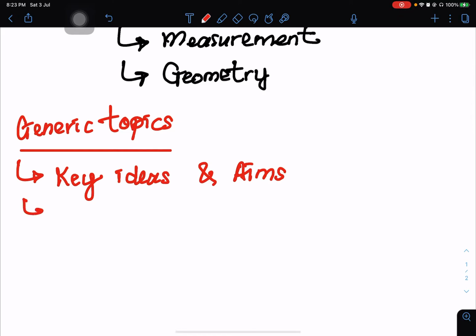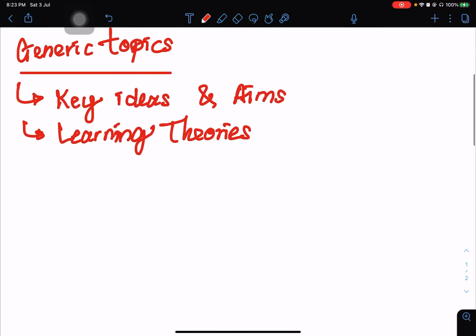And then we have the learning theories, and we also have what we call the pedagogical principles.